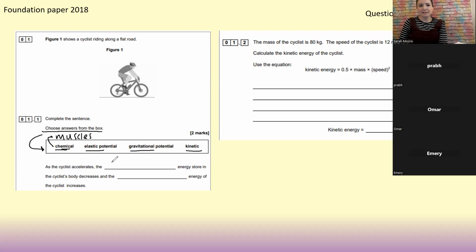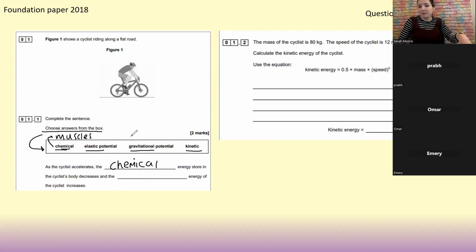But of course, as the cyclist is accelerating, he is using energy, and that energy is coming from the chemical energy store in his muscles. So the chemical energy store is going to decrease over time as he uses that energy to cycle. But because energy is conserved, that chemical energy isn't just destroyed, it gets turned into a type of energy in the bike, and the bike begins to move.